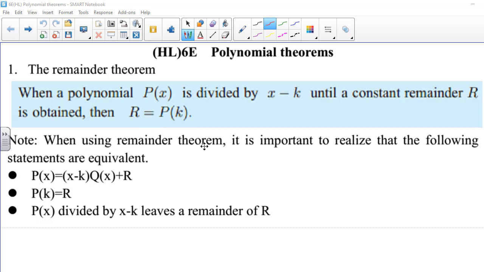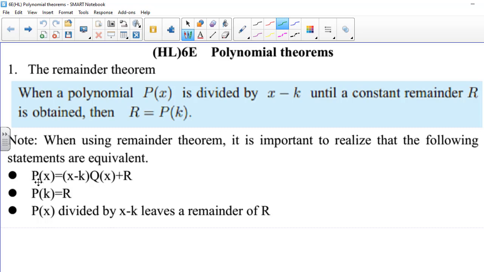When using the remainder theorem, it is important to realize the following statements are equivalent, but those statements are kind of justification on this conclusion in the remainder theorem. We have already learned the division statement in 6C.